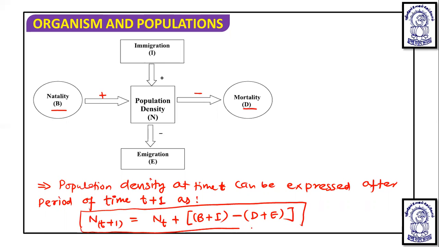N t plus 1 is equal to N t, that is the initial population density at time 0, plus the birth rate, and the immigration will increase the population, and death rate and the emigration will decrease the population. So this we will carry out.